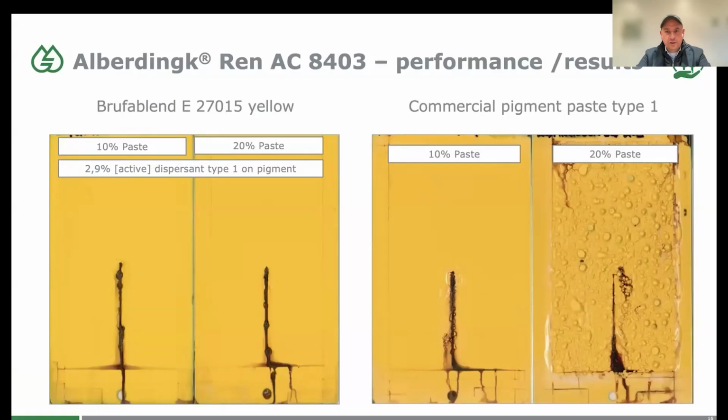And what you can see here is that we've got a commercial paste, and you can see here the load levels are higher because the hiding power is even poorer on the yellow. So with 20% paste, it's a complete disaster. But we've been talking to various pigment suppliers, and we found one interesting company in Germany that was able to provide us with blends of pigments aiming at a certain RAL color.